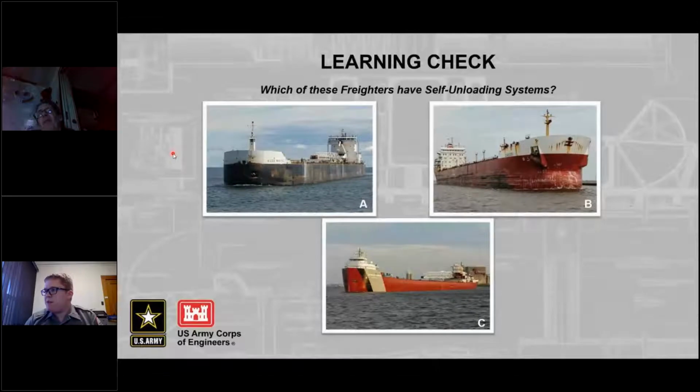So again, if you'd like to participate here in the chat function, we have our first learning check. So this is what we'll see if you guys know. Which of these freighters that you can see have self-unloading systems from what you know, what we just talked about? I'll give you a minute or two. A, B, or C? Which freighters have self-unloading systems as far as you can tell?